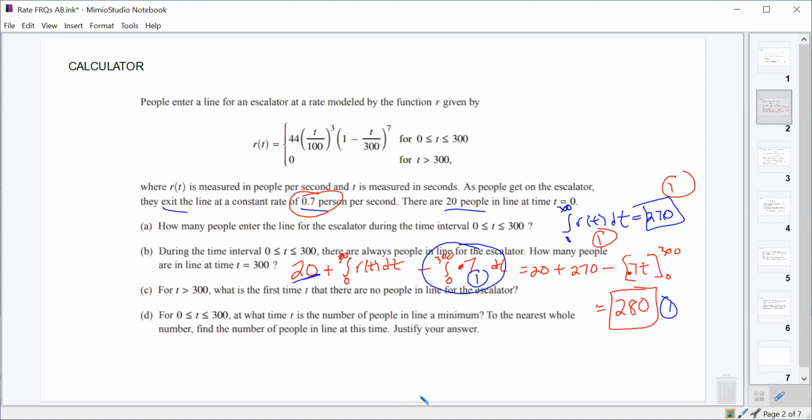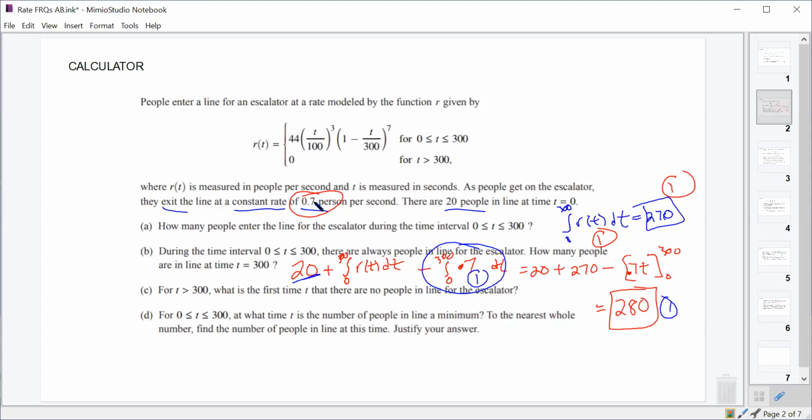Yeah, I had a question. Why isn't the rate of 0.7 expressed as 0.7 t? Why is it 0.7 only? Because it is a constant rate of 0.7. It wouldn't be a constant rate if it was 0.7 t. So when t is 17, it's 0.7 people per second. When t is 1,000, when t is 100, it's 0.7.